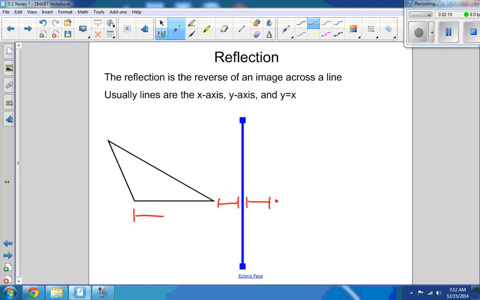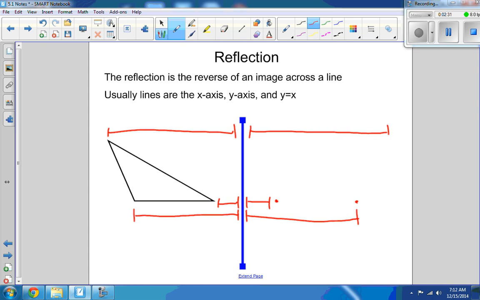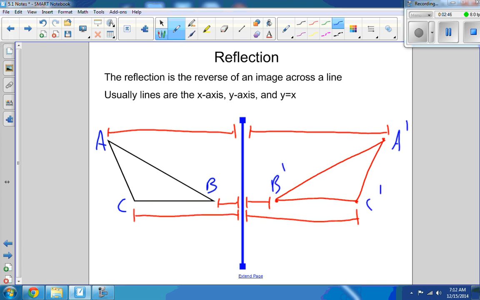So this distance, and then you can see here this top distance. And so the image gets reflected across the line. Same idea as before. If this is A, B, C, this becomes A prime, B prime, C prime.